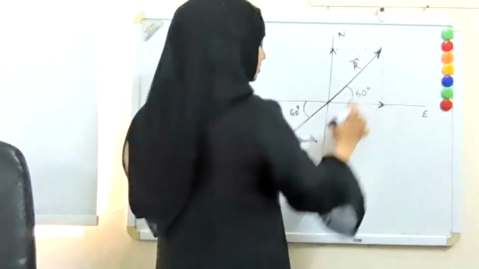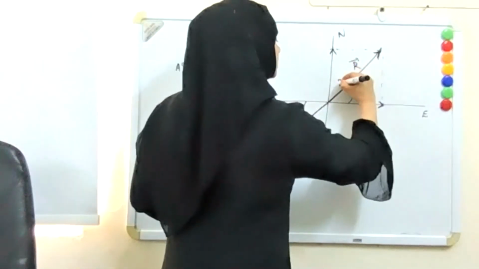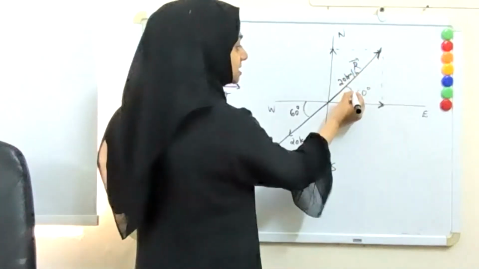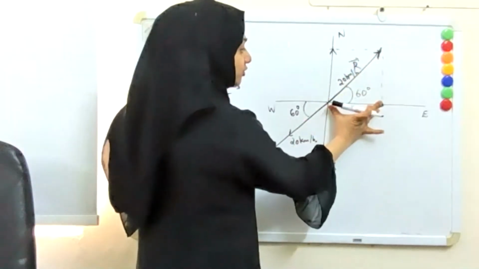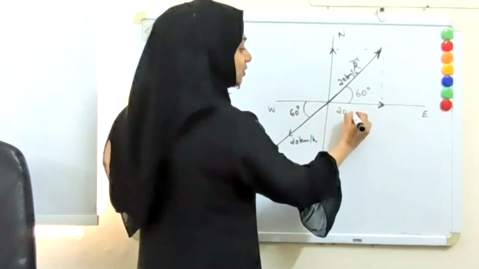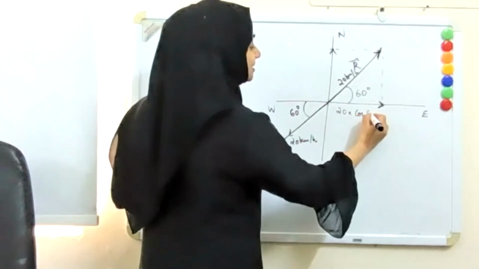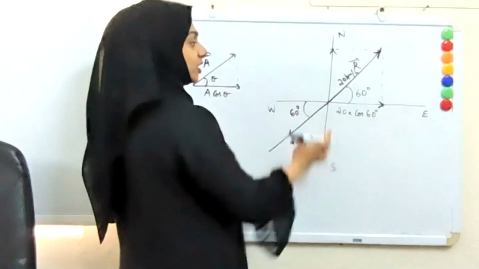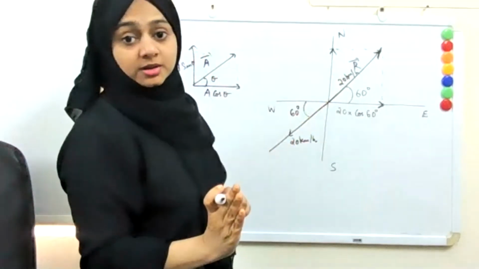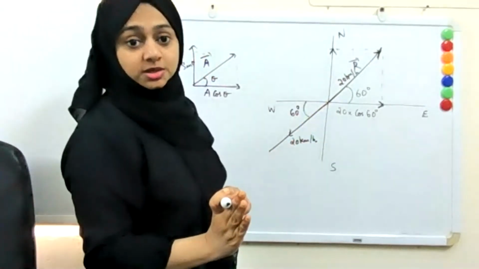So here you know that this is equal to 20 kilometer per hour, right? And this angle is 60. So what will be this value? 20 into cos 60. Got it? The velocity is 20 kilometer per hour.